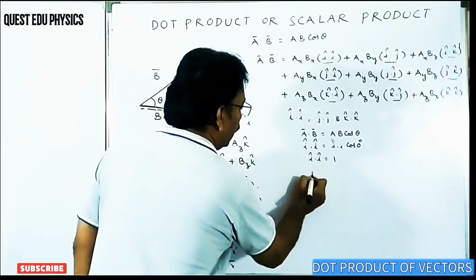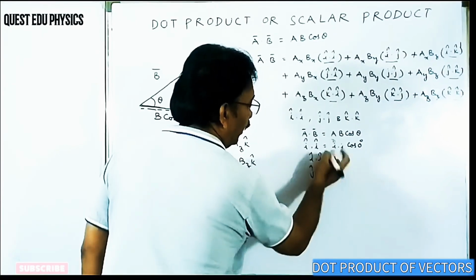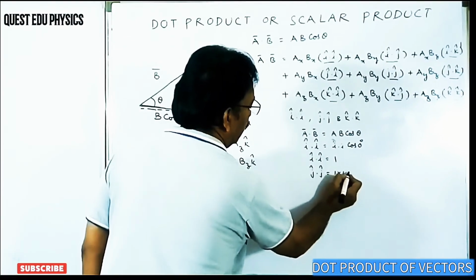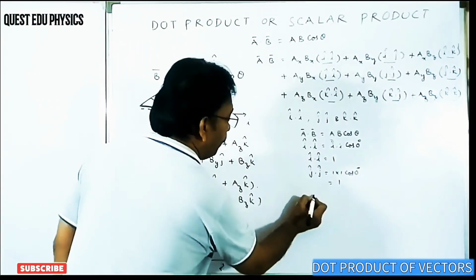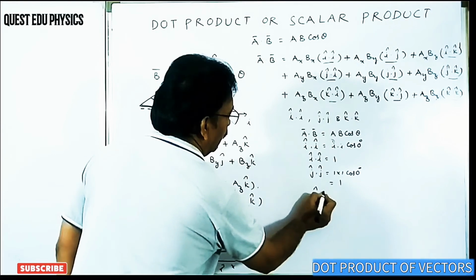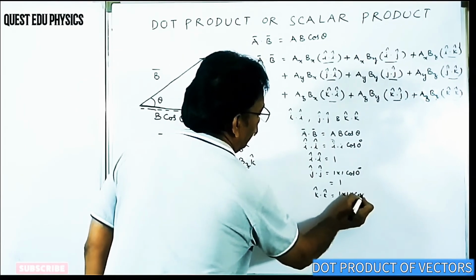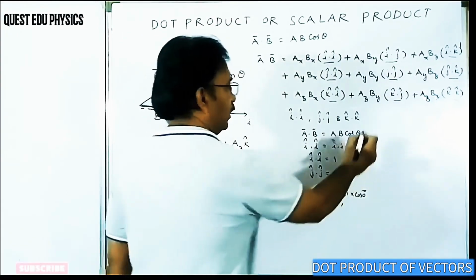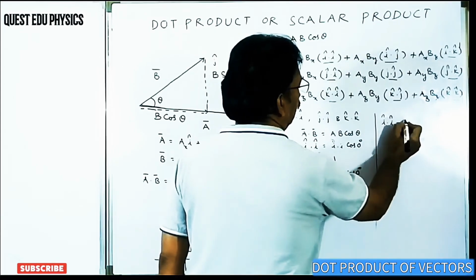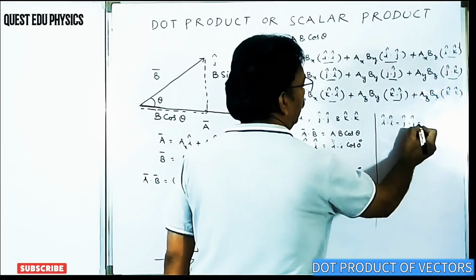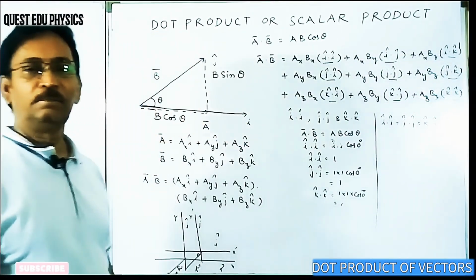In the same way, j cap dot j cap is 1 into 1 into cos 0, which is 1. Similarly, k cap dot k cap is 1 into 1 into cos 0, again 1. What does it mean? i cap dot i cap is equal to j cap dot j cap is equal to k cap dot k cap is equal to 1.